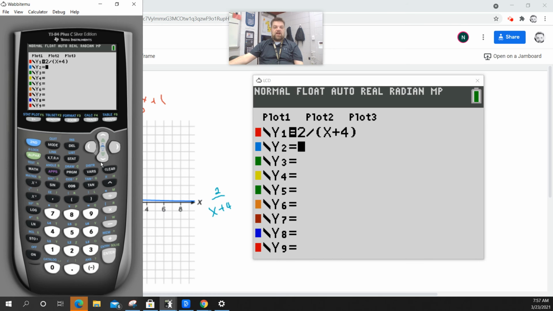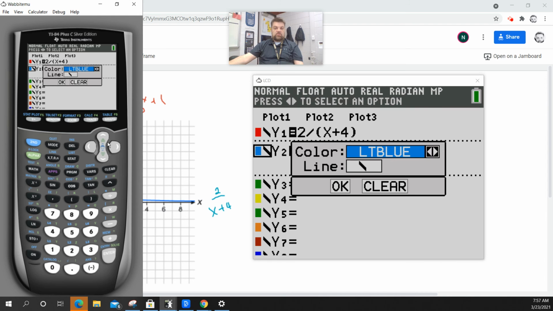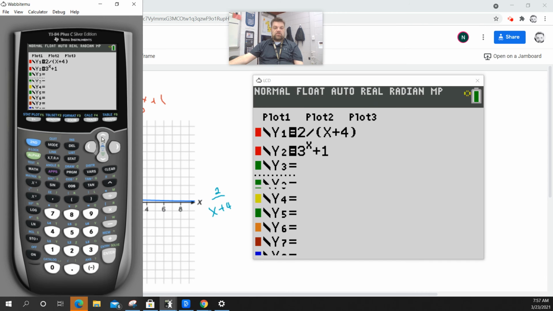Then I'm going to take the right-hand side of the equal sign and put that in a second equation, plus 1. And just so it matches the graph, because I don't want any confusion, I'm going to switch the colors around. So this is red, just like the original function, and I'm going to switch this one around so it's blue.